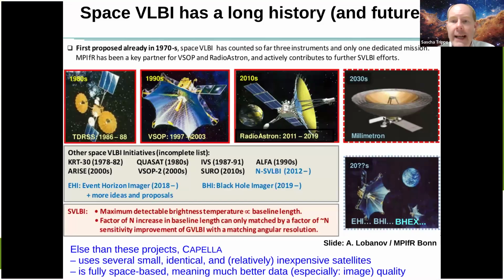Until very recently, this was pretty much the best that you could do. There have only been two dedicated space VLBI missions: the Japanese VSOP in the 1990s and the Russian RadioAstron in the 2010s.